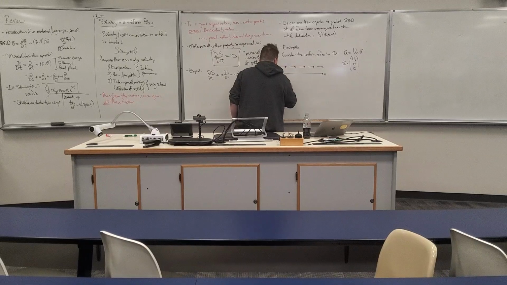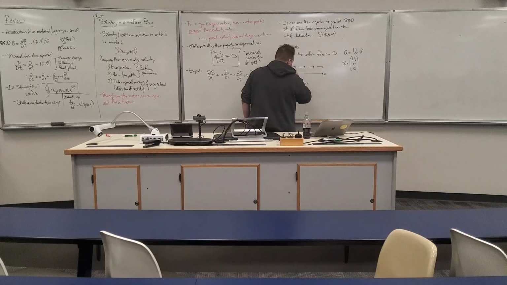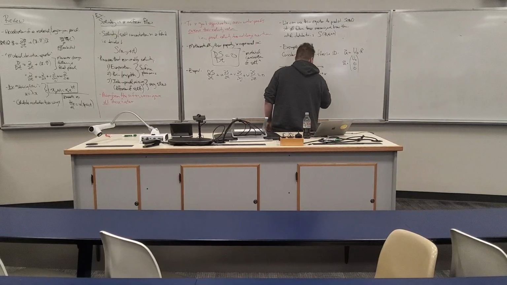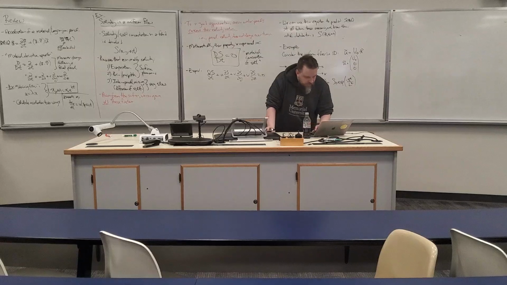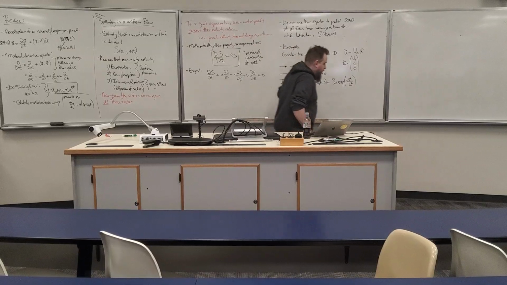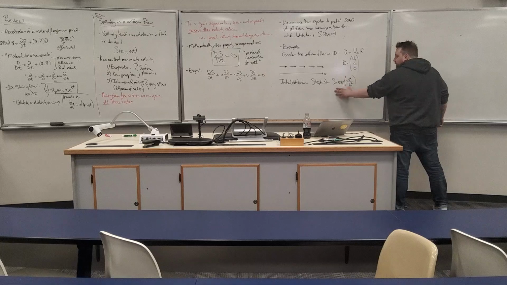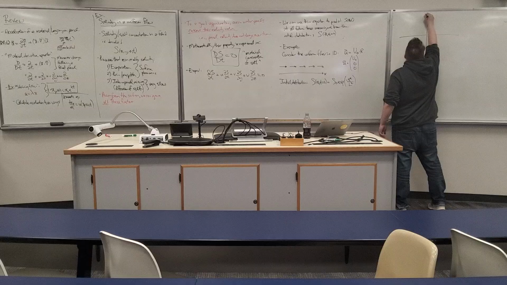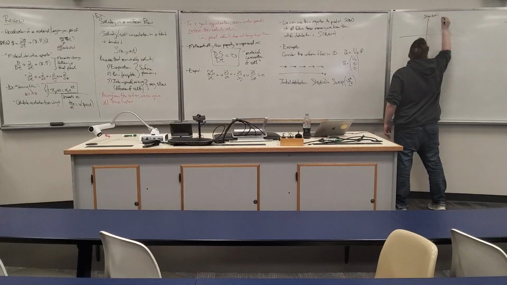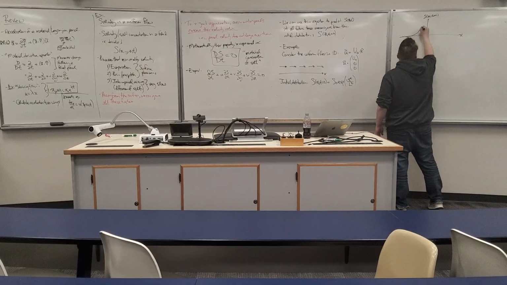And let's take our initial distribution to be S of x and t equals 0 equals S naught times the exponential of minus x squared over L squared, I think is the example that I used. This is called a Gaussian function, and if we were plotting S of x and t equals 0 versus x, it looks like this.